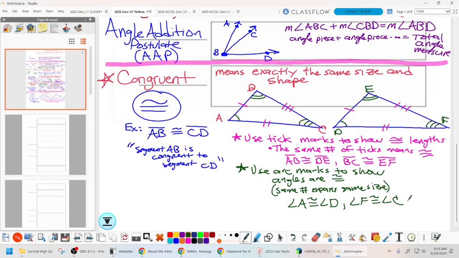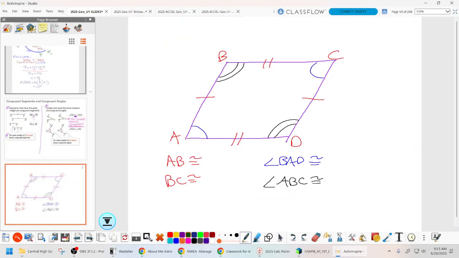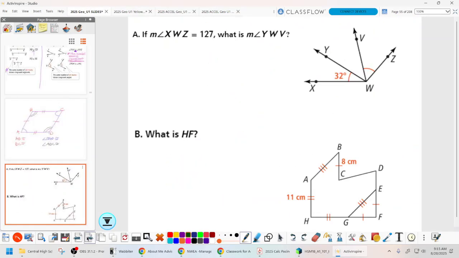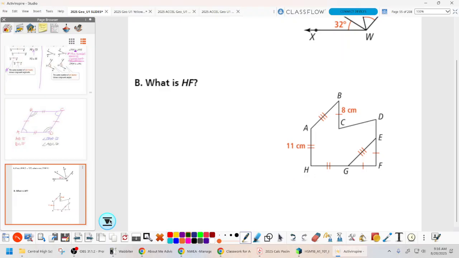Study this, know it. Here's an example. Let's look at this bottom one first. So it says, what is HF? We want to know the length of this. Don't shout it out, but you can do this without writing the picture and without a calculator, just by using notation.